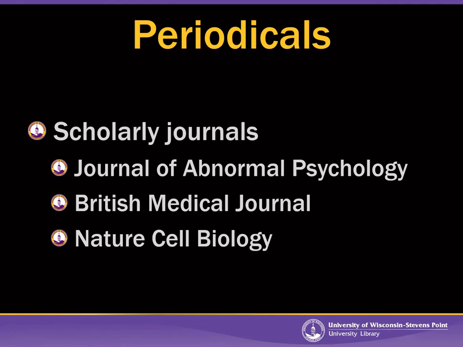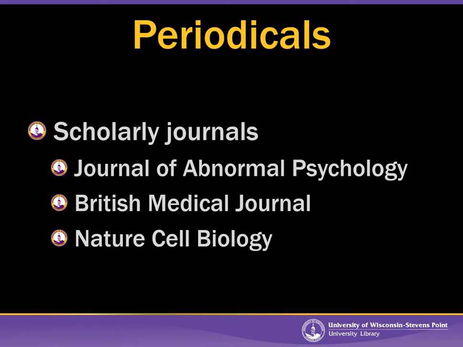Periodicals also include scholarly journals. Scholarly journals are typically published monthly, quarterly, or sometimes semi-annually. Scholarly articles are written by experts. So you're talking your researchers, professors, scientists, doctors. And the audience for scholarly articles is fellow experts.